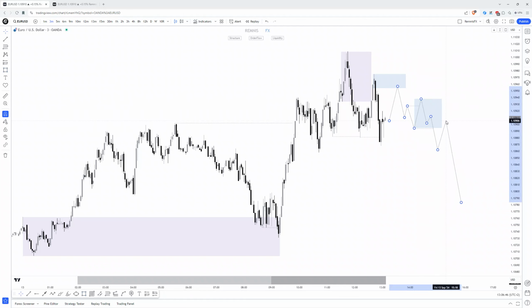If price comes back and creates efficiency here, right, then we could basically look for a single candle mitigation, right? So the configuration or candle formations of that single candle mitigation setup, right?